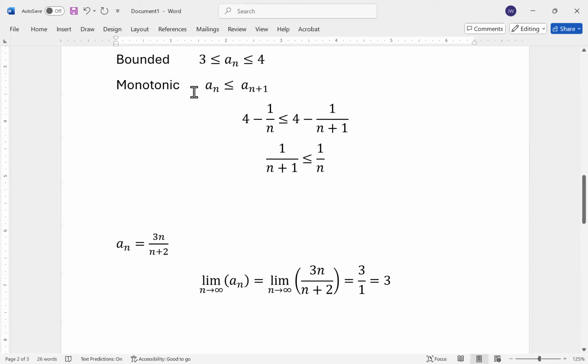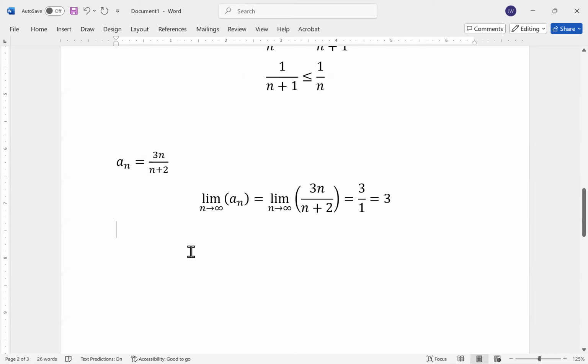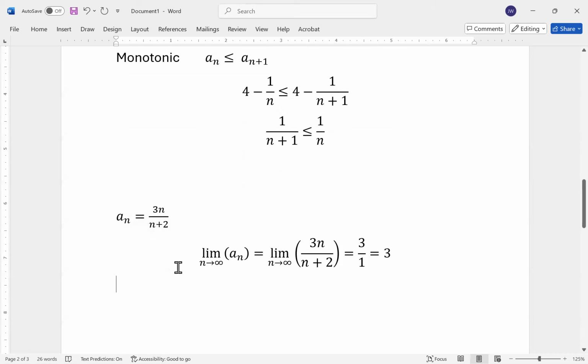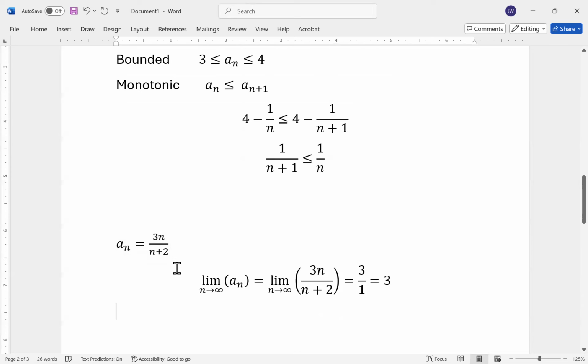Instead of doing the algebraic work, I'm just going to graph this and show you that it's bounded and monotonic. But you could have also done the algebraic work and decided, if you plug in 1, what's happening? As you plug in bigger and bigger numbers, what's happening? And we figure that out. So I'll look at the graph, but you could also do the algebra.